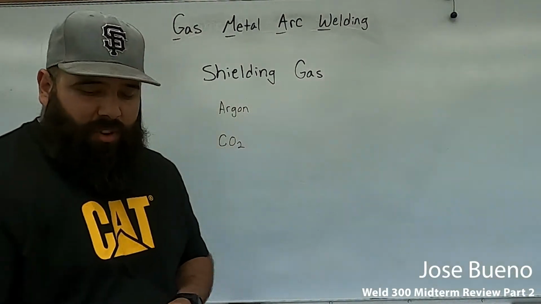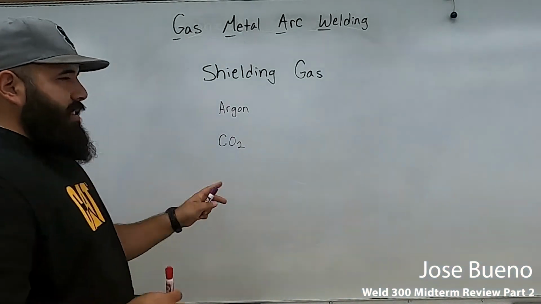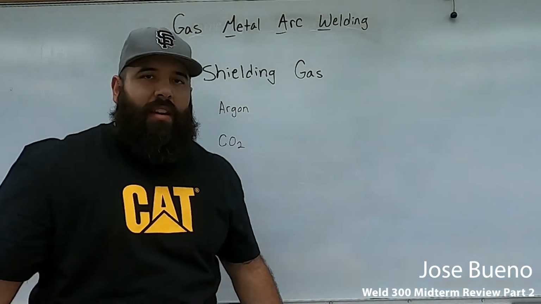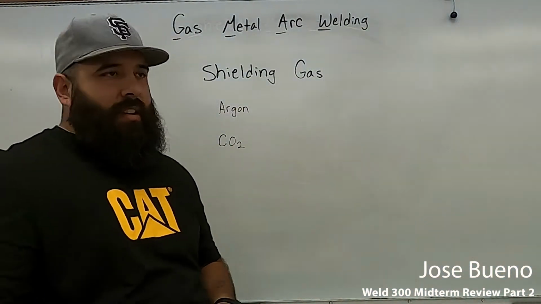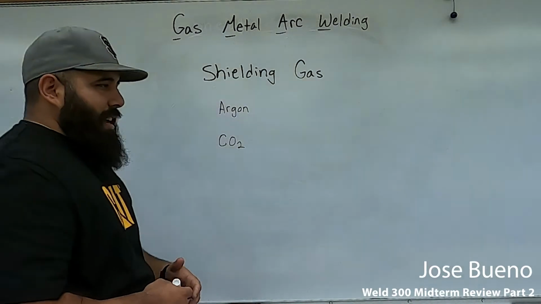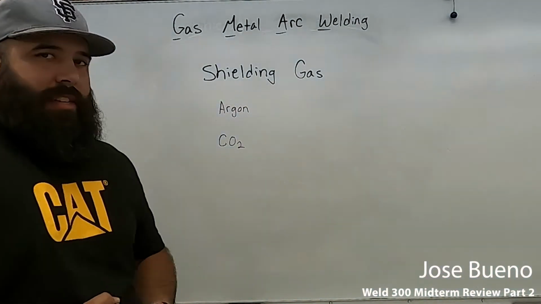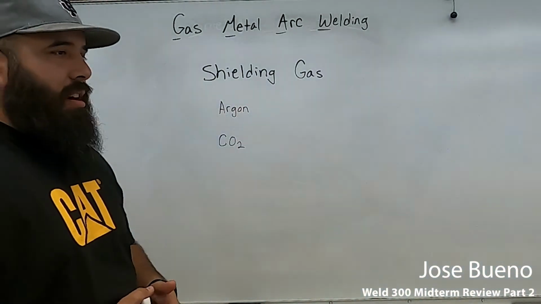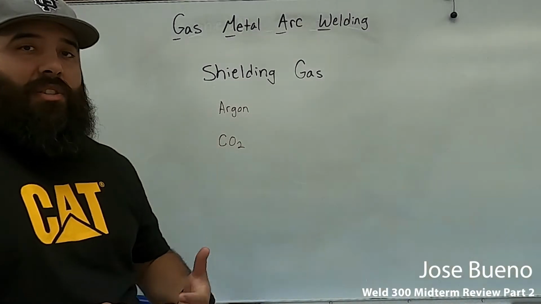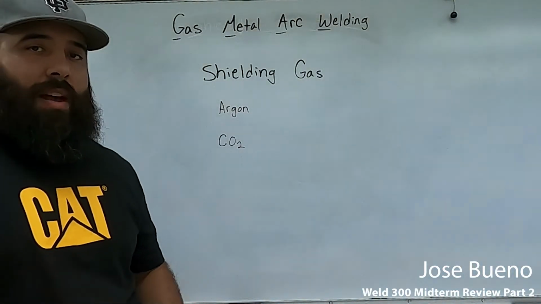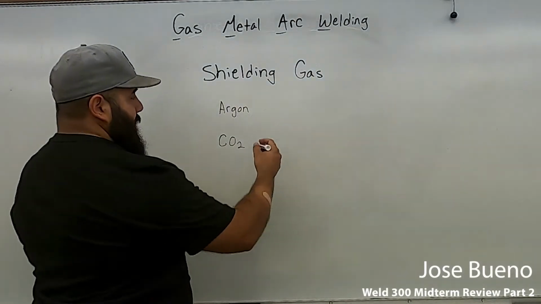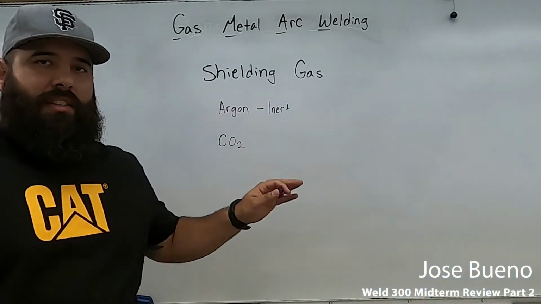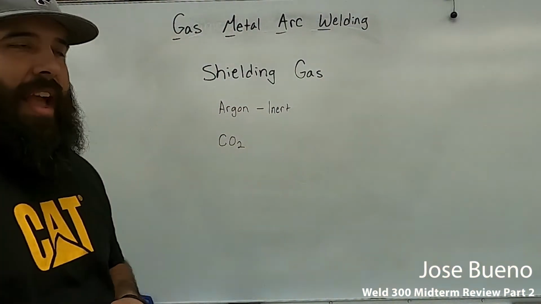Now before I get too far into that, I want to take this time to point out that GMAW was once called MIG, or metal inert gas welding. And so the reason for that is because initially we were only using inert gases to protect the weld. And so inert means that the shielding gases do not chemically react with the weld. And argon is an inert gas, which means that when we use this as a shielding gas, it does not chemically react with the weld.